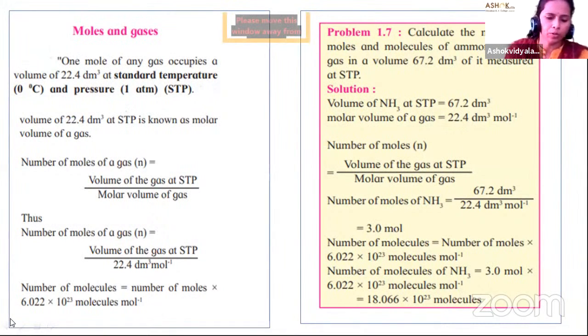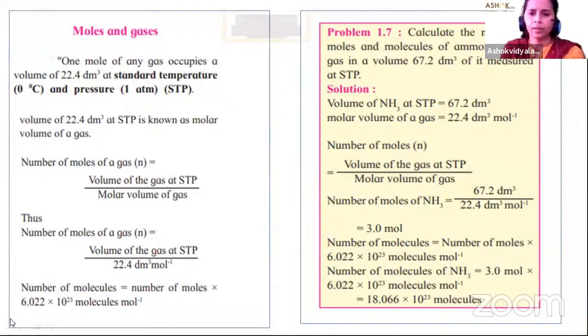After 1.3.2, in the laws, the Gay-Lussac law, 1.4.4 is there. Then 1.4.5 is there. After that, directly 1.6. In that, 1.6.1 atomic mass, 1.6.2 average atomic mass, 1.6.3 molecular mass, then formula mass, then mole, molar mass, till the end everything is there.